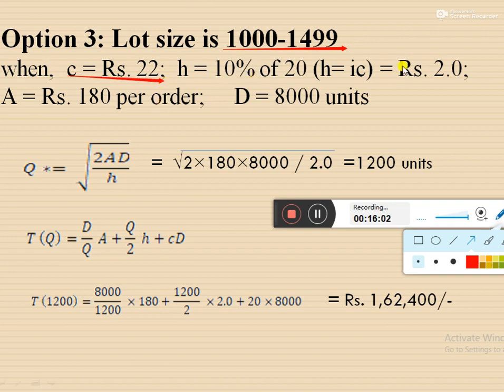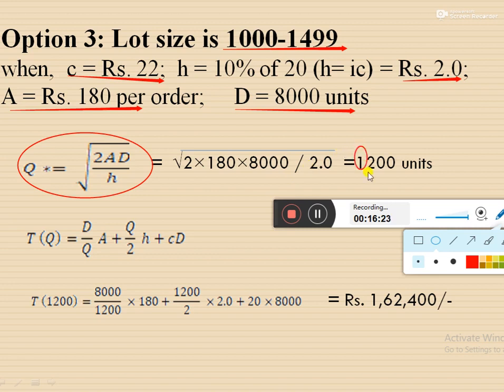In that case, holding cost would be equal to 10% of 20, that is equal to 2.0 rupees. Ordering cost is fixed, 180 rupees per order, and so is the demand, that is equal to 8000 units. So by applying the formula, we would get economic order quantity, that is equal to 1200 units.